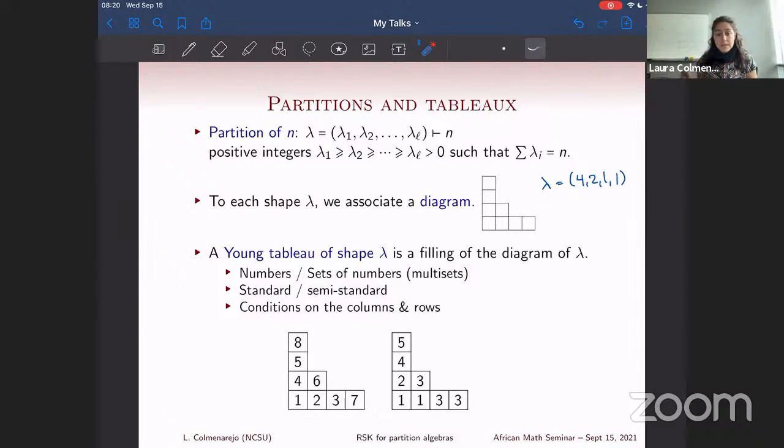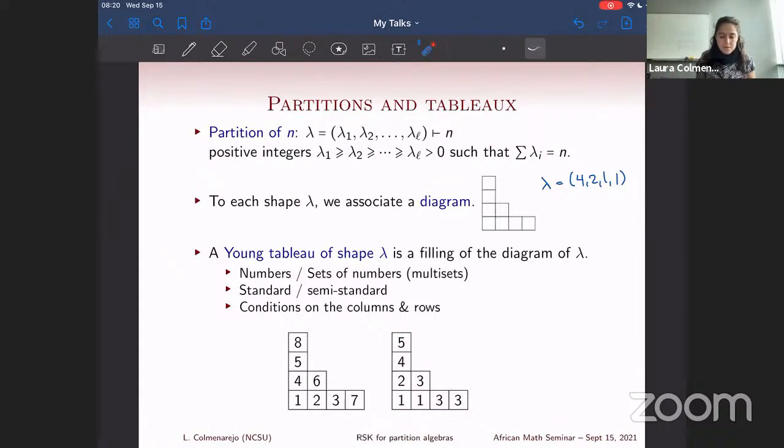We are going to do it in a standard or semi-standard way. Standard means that I'm going to have all the consecutive numbers, 1 up to something. In this case, you see that I have 1 up to n. And if it's semi-standard, then I'm going to allow repetitions, and I'm going to be allowed to miss some numbers.